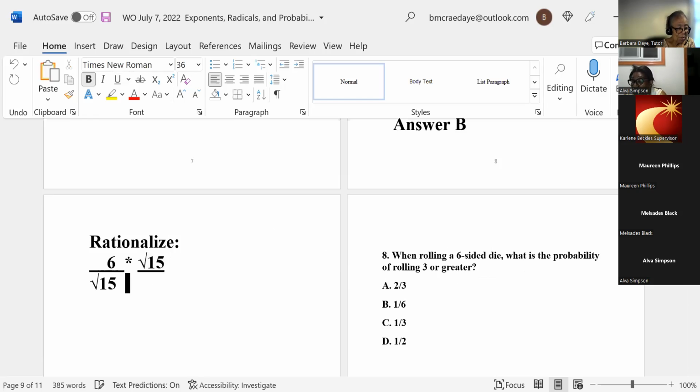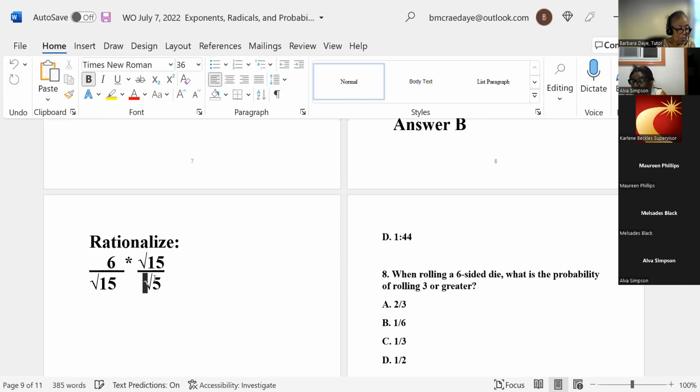So let's put the square root of 15. Then, Alba, what do you get when you do that? This is a 15 because that's radical 15. So what do you get for the top one, Alba? The square root of 15, 6. You're multiplying both of them with the denominator. I'm multiplying the 6 times the square root of 15 and the square root of 15 times the square root of 15.